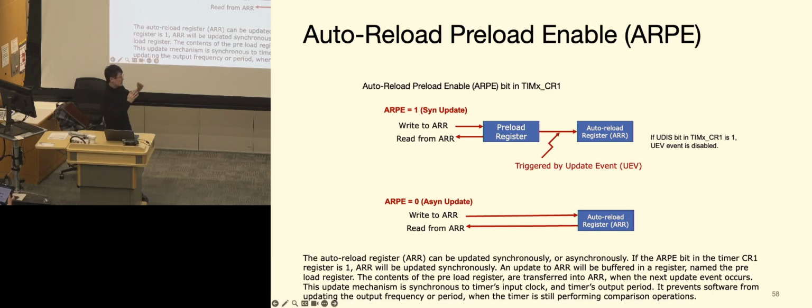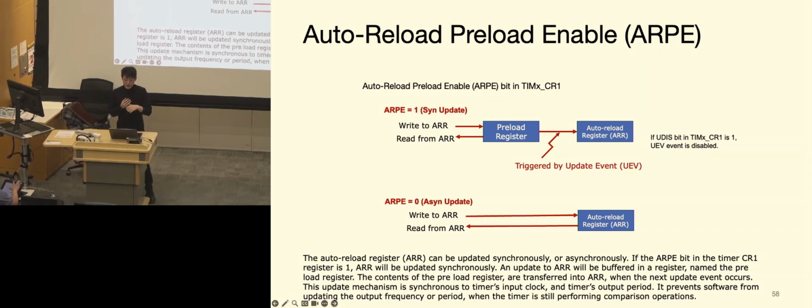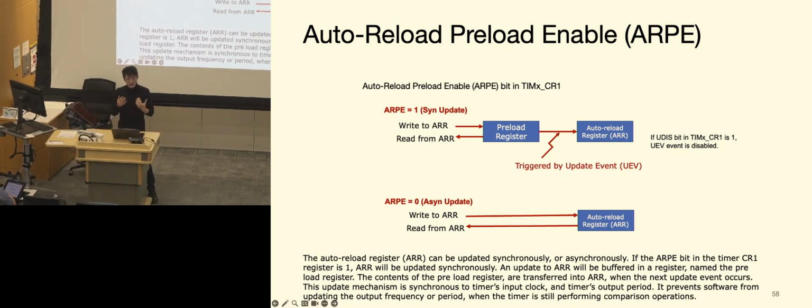The PWM has something called auto reload preload enable, one bit to control that. It determines whether or when we update the value from the ARR, the auto reload register, based on the current state of the timer. So we will only update it immediately or after the next update event, so that they can still be synchronized even after you change the duty cycle, whatever point in time that occurs.